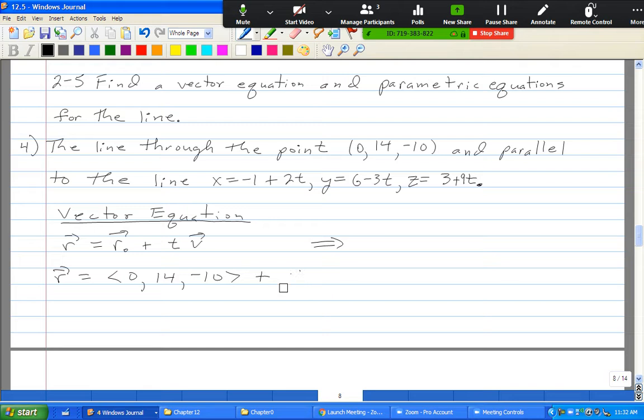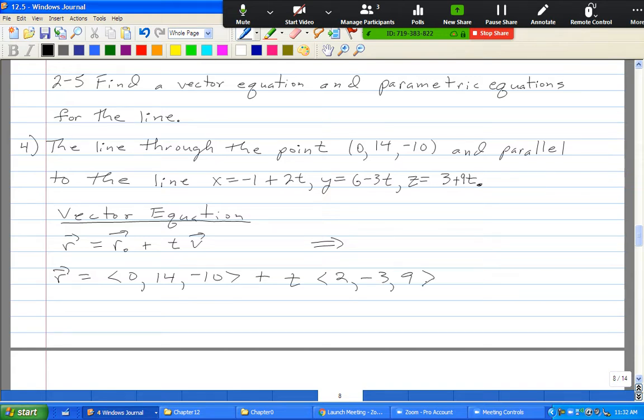The line is parallel to this line, so it has the same direction as this line. So the direction of this line is 2, negative 3, positive 9.